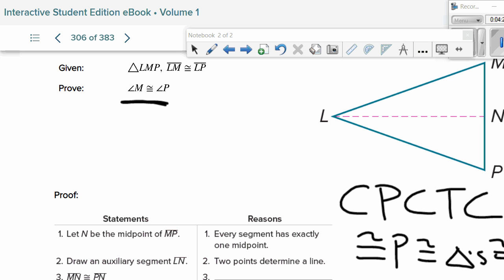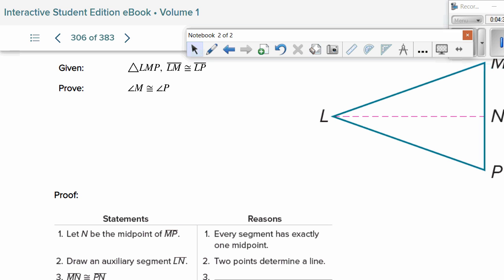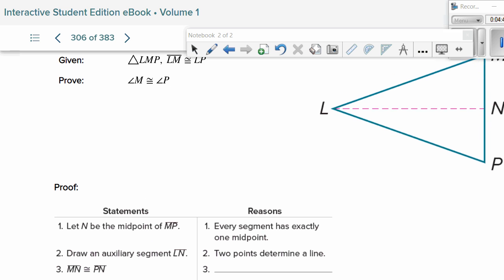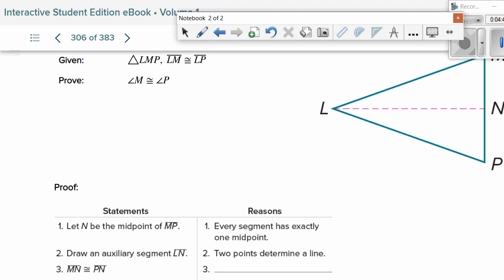But CPCTC is going to be our last step in these, okay? The step before that, we're going to prove the triangles are equal by what we've done so far in chapter 5, okay? So in this particular one, taking a look at this, they're telling me that you've got this triangle LMP, and they're telling me that LM is going to be congruent to LP. So we're going to show that on the picture, okay?